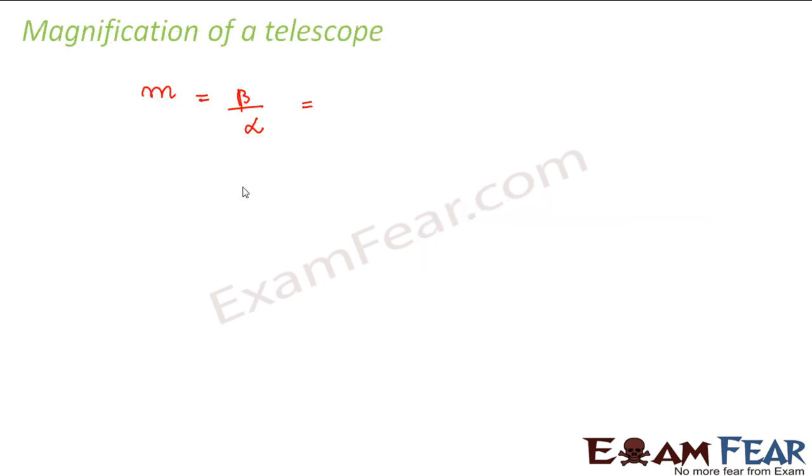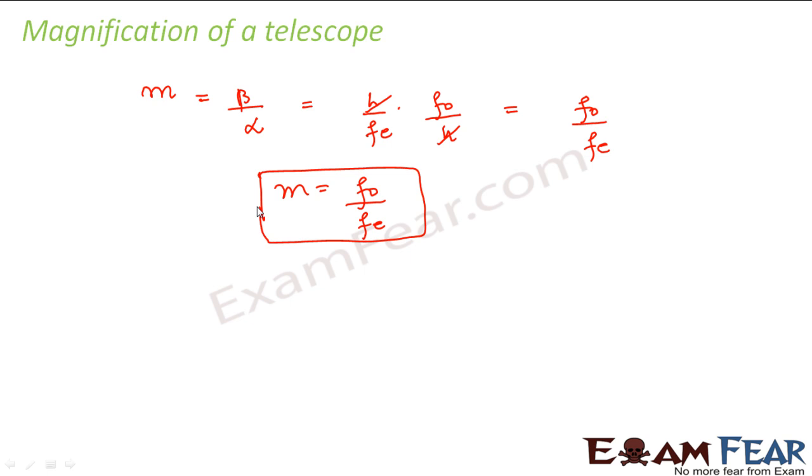So now putting these values of beta and alpha, we can say that magnification of a telescope is equal to f naught by fe. So magnification depends only on the ratio of the focal lengths of the objective and the eyepiece.